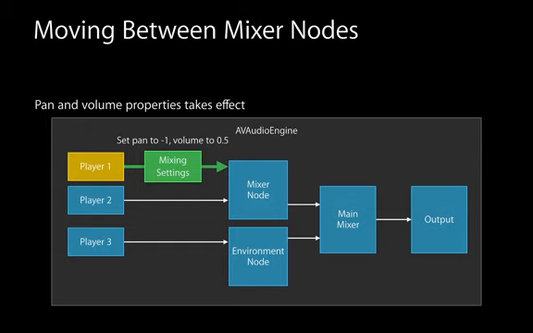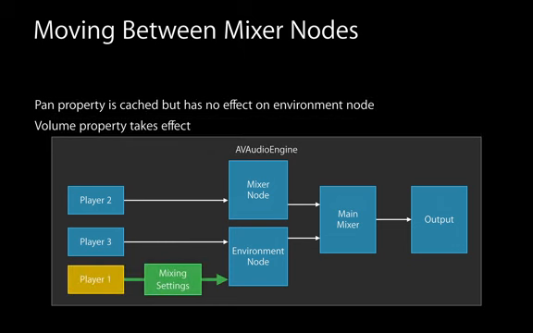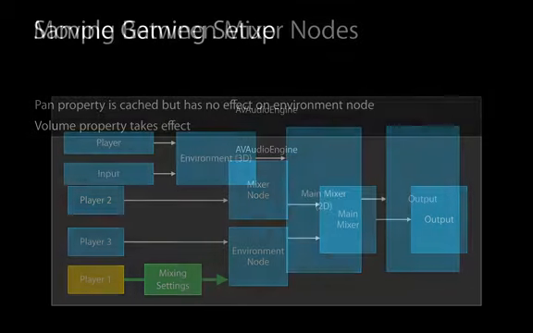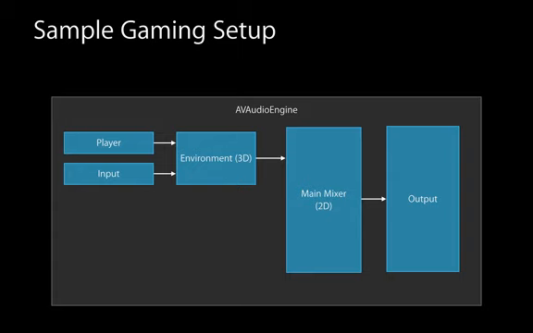If I disconnect player 1 from the mixer and connect it to the environment node, the pan property will now be cached. It doesn't take effect because it's a 2D mixing property. It doesn't apply to the environment node. Volume, on the other hand, will continue to take effect because it's a common mixing property and it's implemented by the environment node.